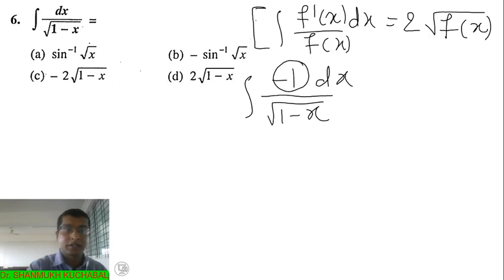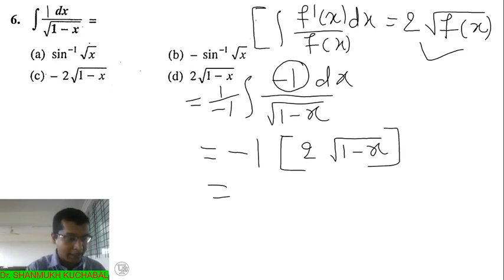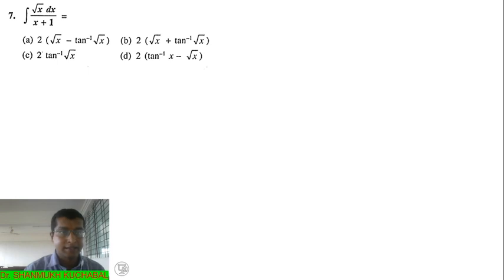Here it is actually plus 1 needed, so to balance it I will divide by minus 1. So 1 divided by minus 1, that is minus 1. Now we write the integration using this formula, 2 times root of f of x, so it is root of 1 minus x. Further multiplying by minus 1, we get minus 2 times the square root of 1 minus x. Therefore, option C is the right answer.